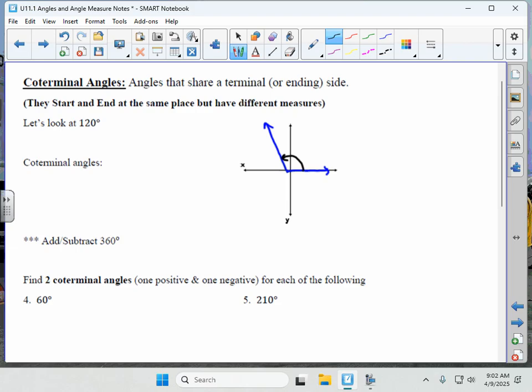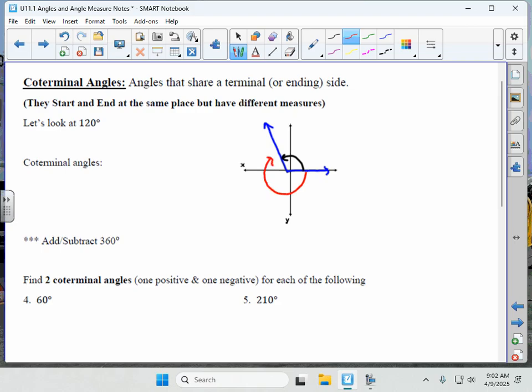So let's say I want to create another angle, and it starts and ends at the same place, but the angle measure is different. So it's not 120 degrees, but the angle looks the same as far as where the two sides start and end. One way that we can do this is we can go in this direction right here.